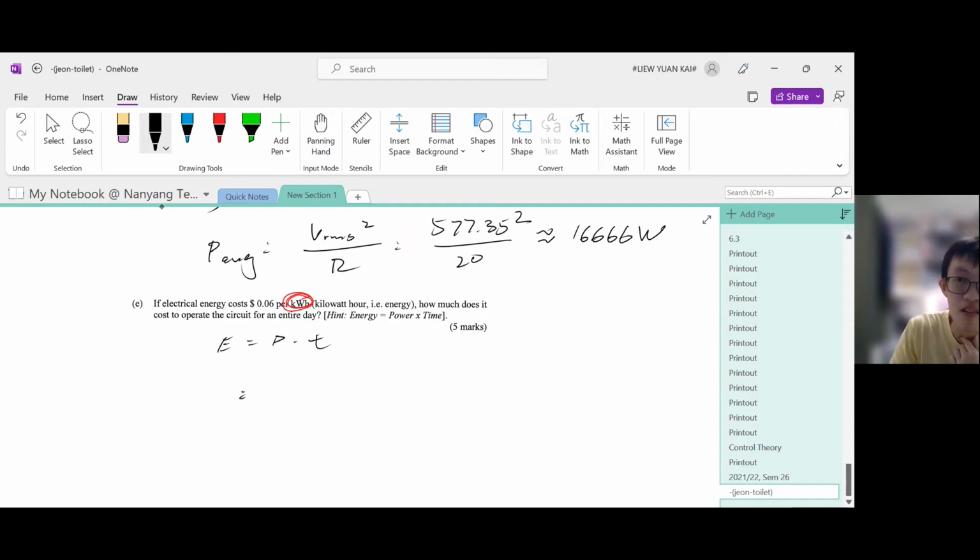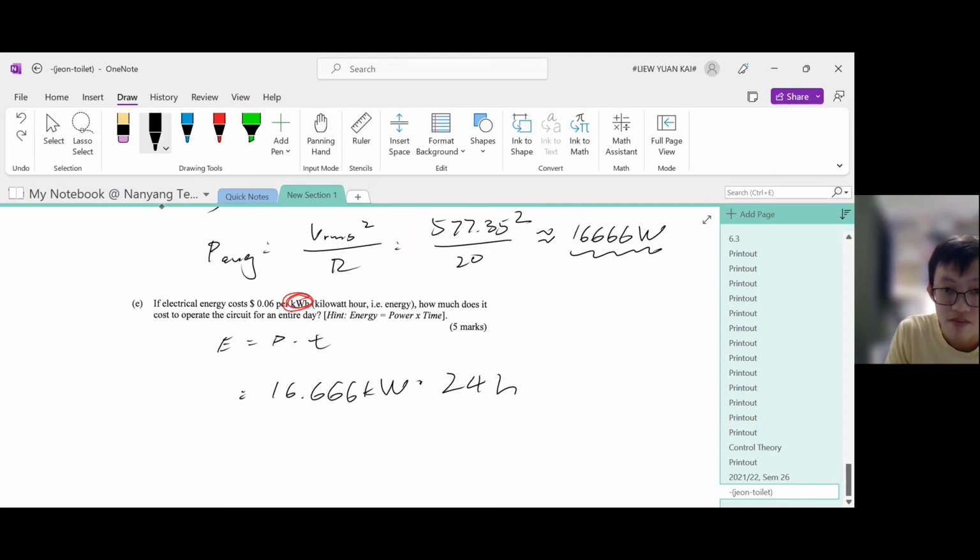So the power is this, but this is in watts, right? What did they say? In kilowatts. So this, we had to change it to kilowatts, which is just divided by 1,000. So this kilowatts, right? And then the time, because it's an entire day, so it's 24 hours, right? Kilowatt hours. So we have to use 24 hours.